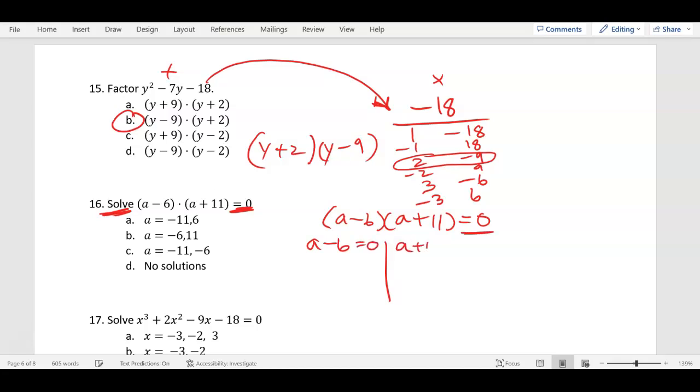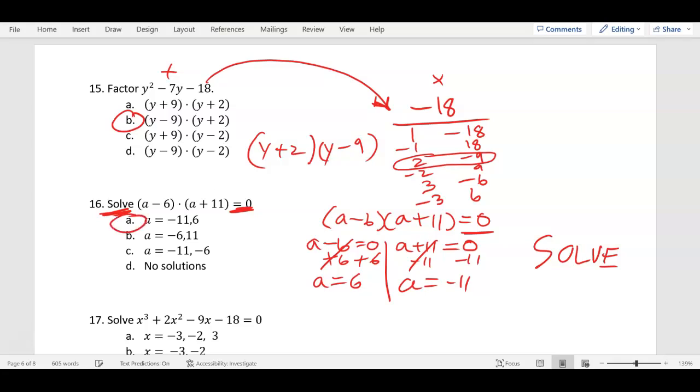You're going to have the a plus 11 also equals 0. And then you got to solve these things once they equal 0. But they're easy one-steppers. To get rid of a minus 6, you add 6, and then 0 plus 6 is 6. To get rid of a plus 11, you subtract 11, and then you get negative. So you have positive 6, negative 11. The answer is going to be A.